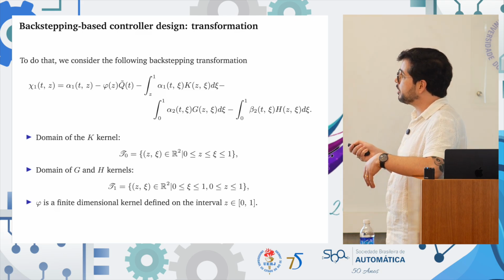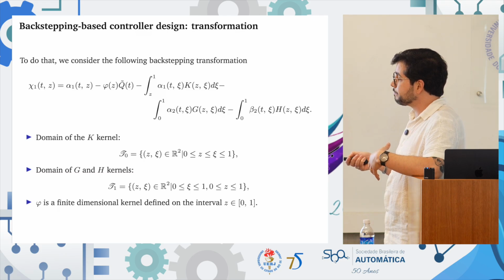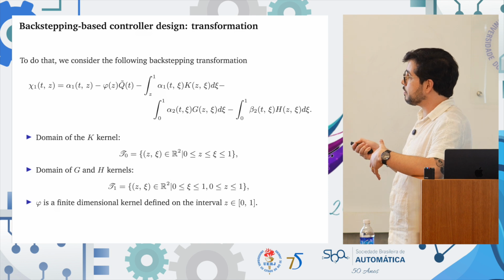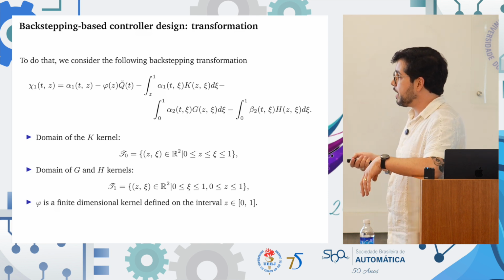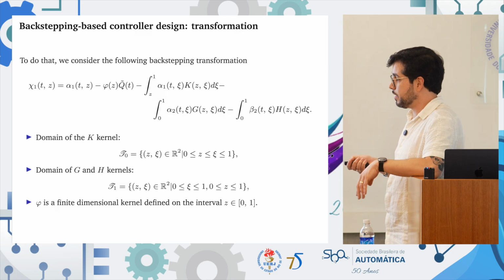And the kernels J and H, which are the kernels of the Fredholm transformation, lie in a square domain, because of the intervals of the integrals here. And phi is a finite dimensional kernel, which is easier.